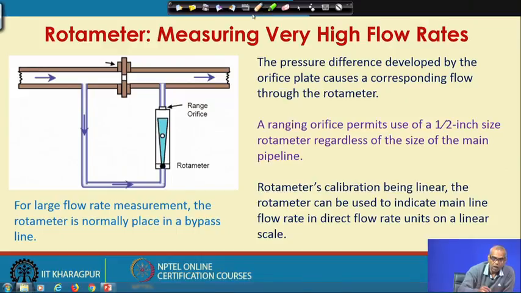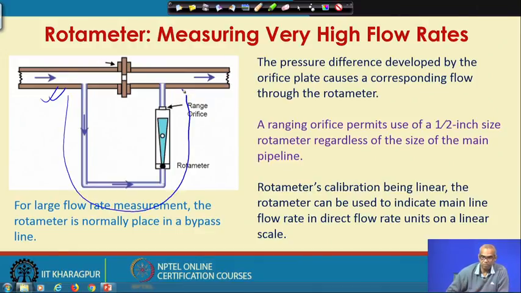You have a very high flow rate passing through this pipe, and look, the rotameter has been placed in a bypass line. The pressure difference developed by the orifice plate causes a corresponding flow through the rotameter. This orifice will create a pressure difference across it.